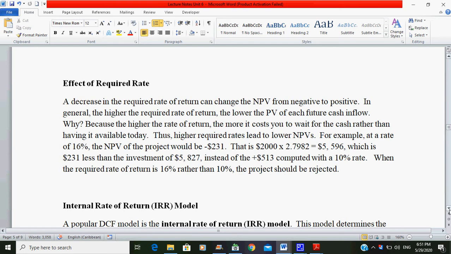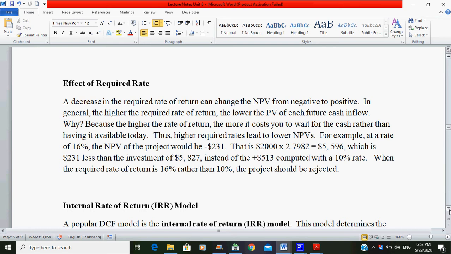Rejected. So if the rate of return goes higher, then you have a negative NPV most times, right? And that would be a problem. If that is the case, say reject.